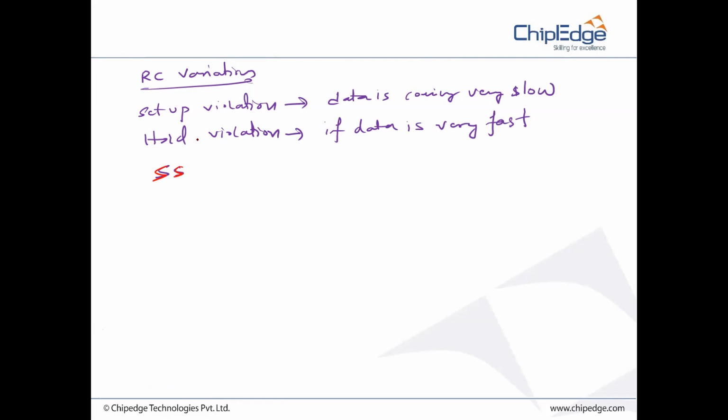And voltage is less, then temperature is more. Now, is this the best case or worst case for setup? Worst case. Will delay be minimum or maximum here? Delay will be maximum. This is the worst case for your setup. Yes or no, guys?